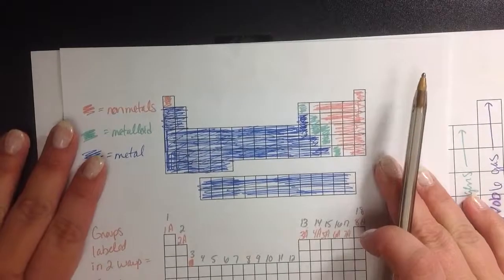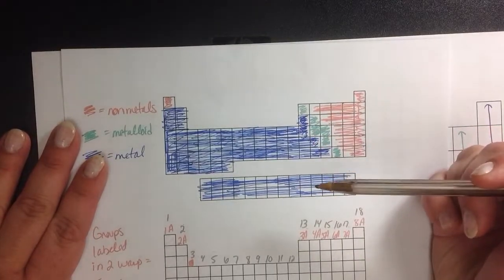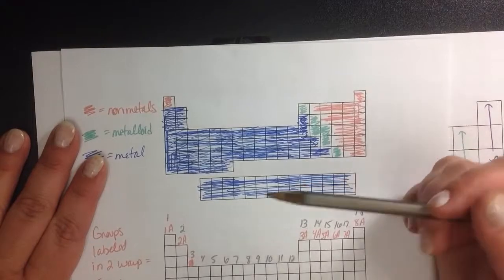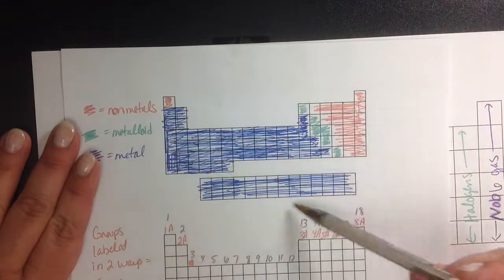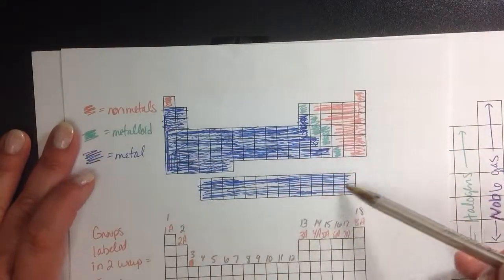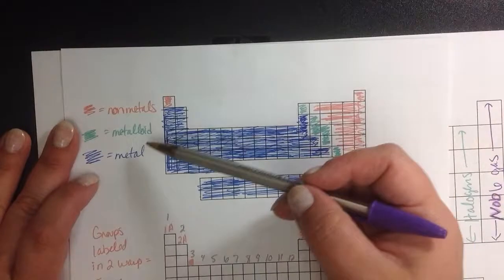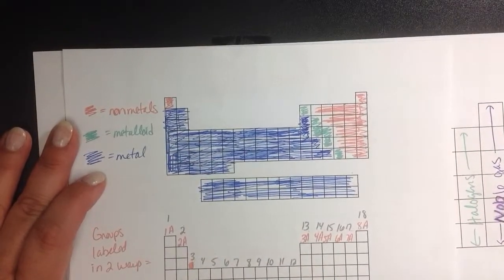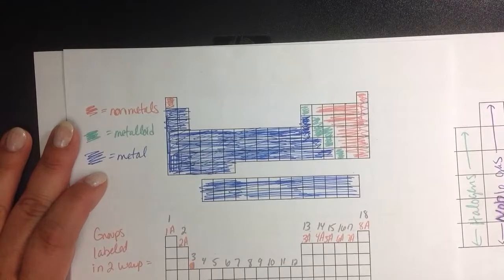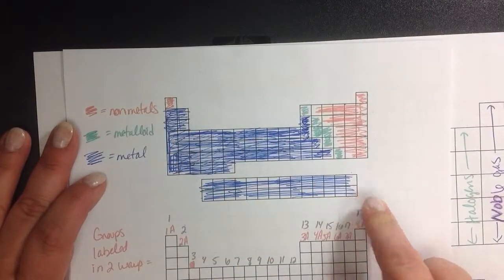When you look at a periodic table, you can look at a whole bunch of different things, and there are trends that you can see within the elements. Everything that I have here in blue, in this area here, those are metals, which means that a vast majority of the elements are metals. Now, it's not abundance, it doesn't tell you how much of it there is, but most of the identities of these elements are metals.